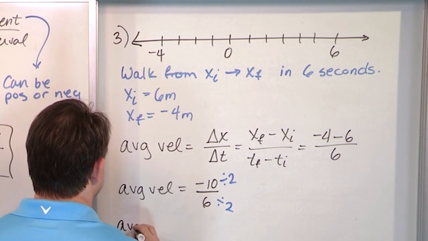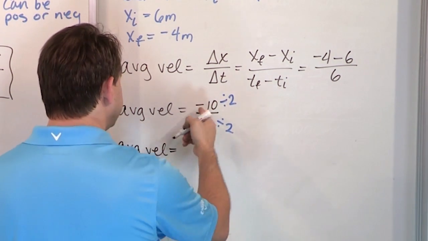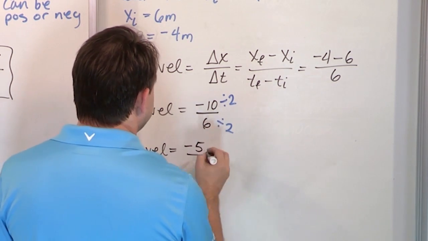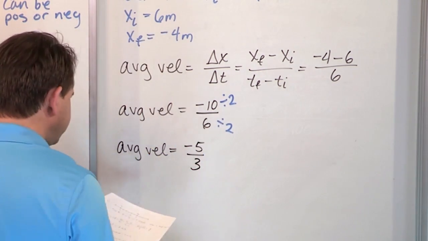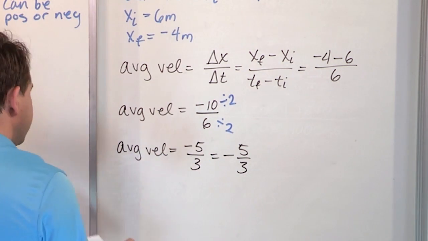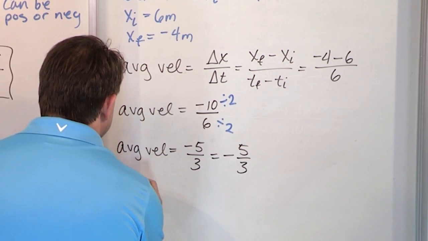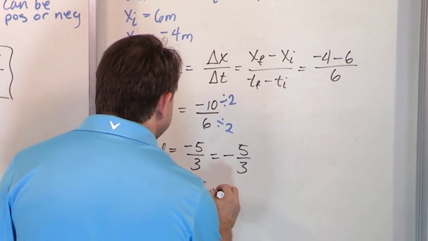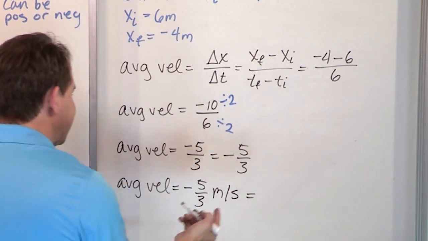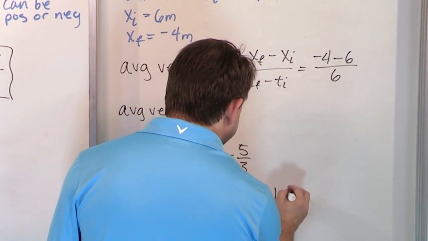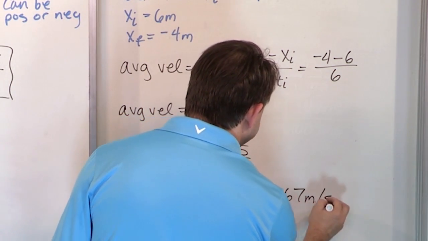So -10 divided by 2 is -5, and 6 divided by 2 is 3. So the average velocity is -5/3, what? Meters per second. And if I stick that in a calculator and take 5 divided by 3, of course it's negative, you get -1.67 meters per second.